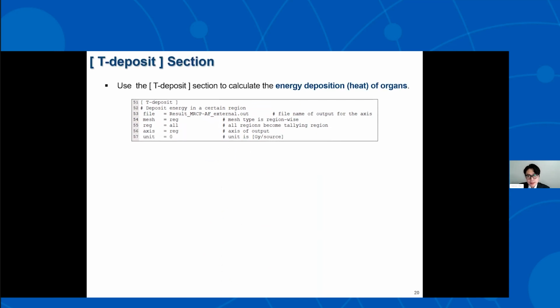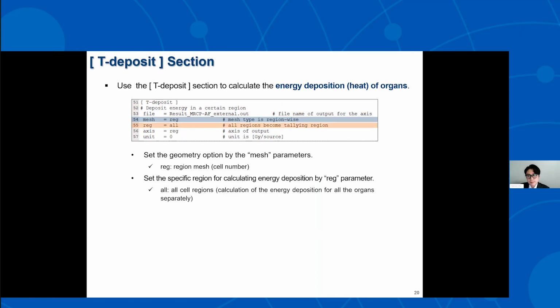And in the T-deposit section, we can calculate the energy deposition of the organs. The mesh parameter is set to reg, which means that the tally will be installed using the cell numbers, that is the organ IDs. As mentioned before, the mean absorbed doses for each organ ID are output as results, so the reg parameter is set to all.